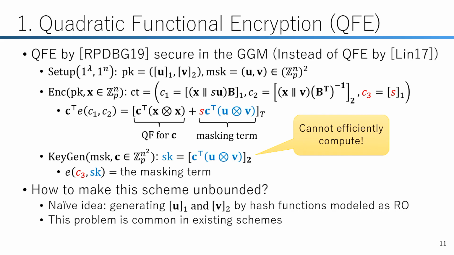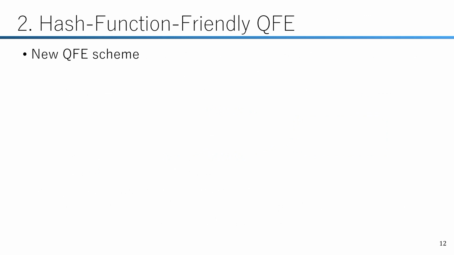And actually, this problem is common in existing quadratic FE schemes. So to circumvent this problem, we modify the quadratic FE scheme so that it is hash function friendly. And the new quadratic FE scheme can be written as follows. So now we remove the vector u from the public key and master secret key, because this term is problematic if we generate it from a hash function.